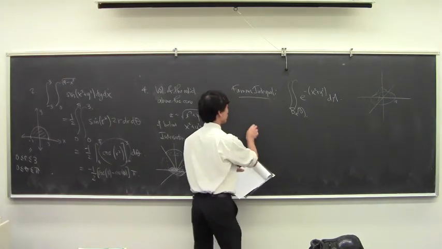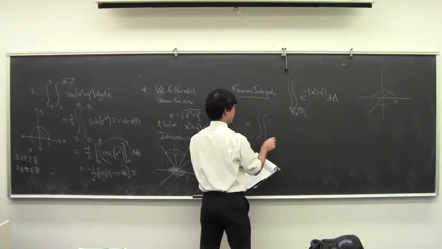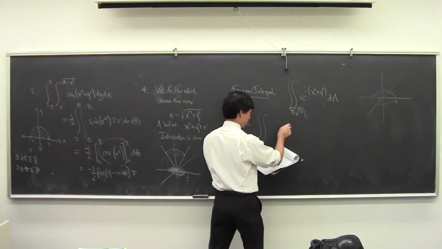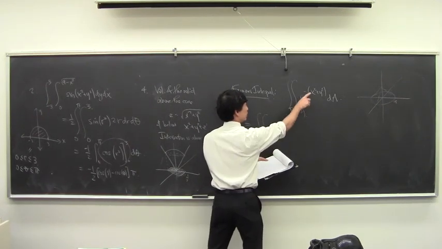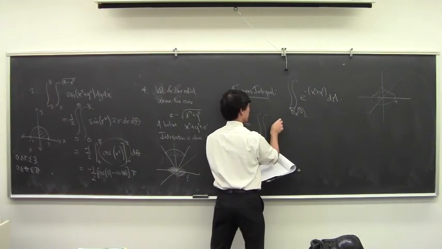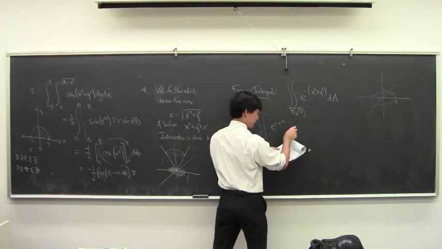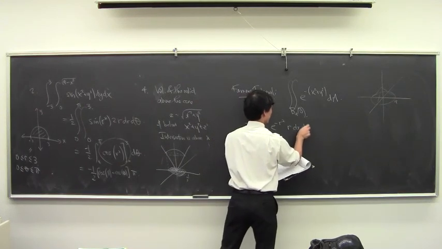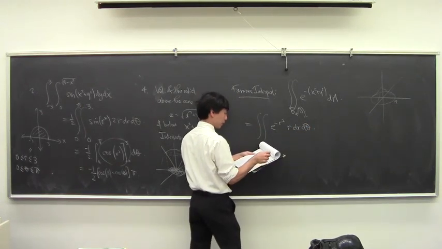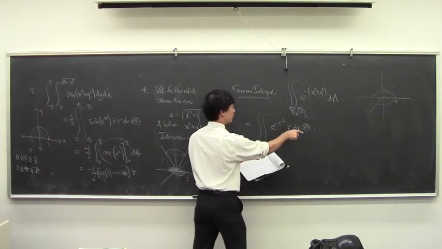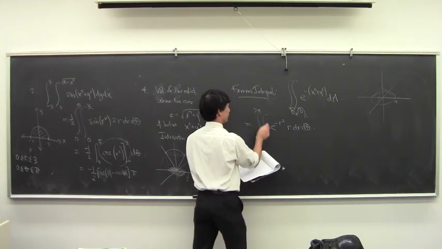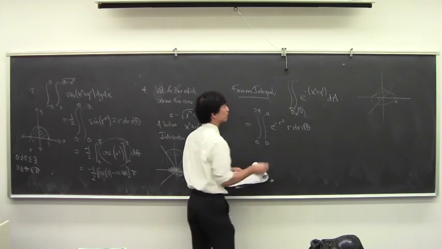So you say, okay, I'm going to use polar integration on it. So this x squared plus y squared turns into negative r squared, right? So e to the negative r squared, and then we have r dr dθ, right? And of course, θ goes from 0 to 2π, and r goes from 0 to a.